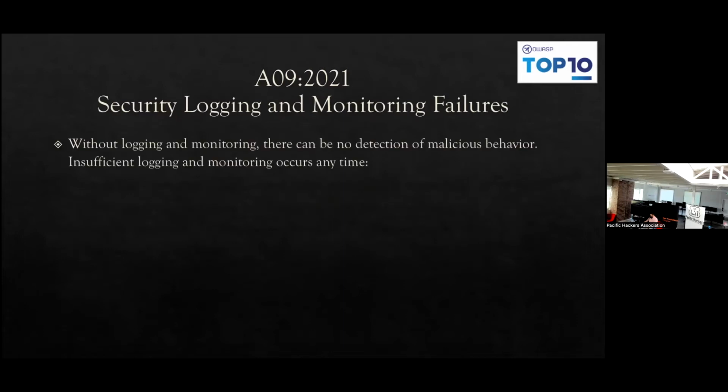So actually, second to last, penultimate, security logging and monitoring failures. Without logging and monitoring, there can be no detections, and that's a problem if you want to actually know what's happening. So threat detection and response: you can't respond if you don't know it's there. You need auditable events such as logins, failed logins, transactions.